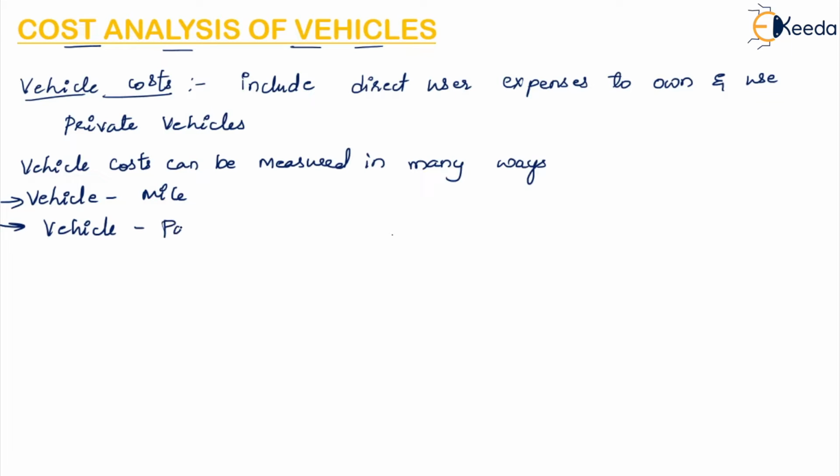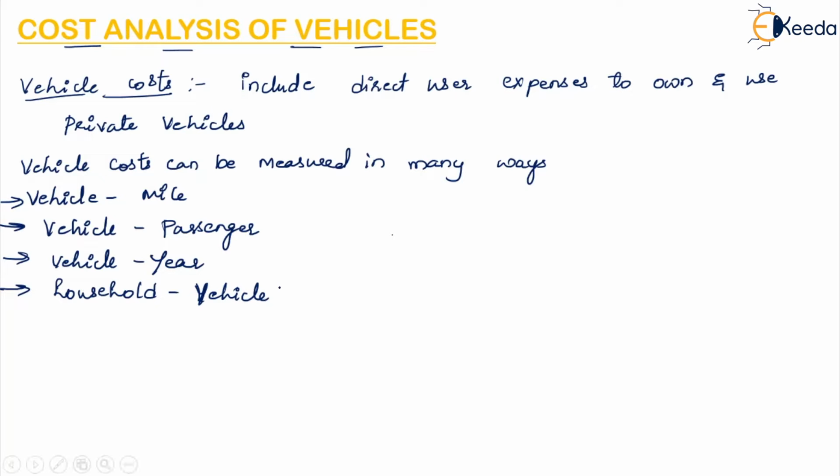So how many passengers can be fitted in this vehicle? Then vehicle year. So in which year this vehicle was manufactured. Then household vehicle. So if it is a car or a bike, we can distinguish the cost of vehicles based on these parameters.